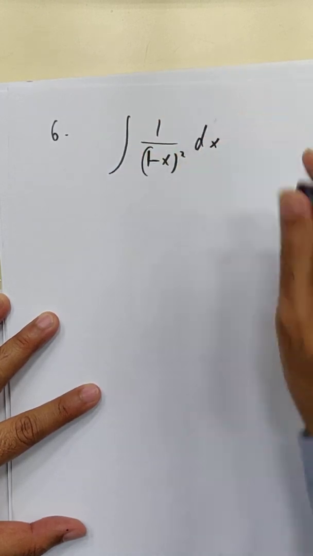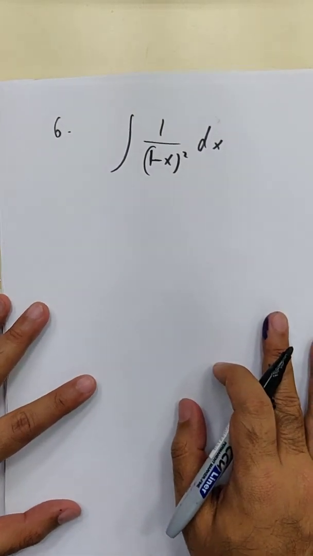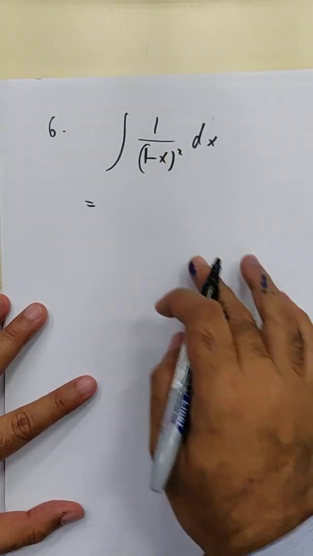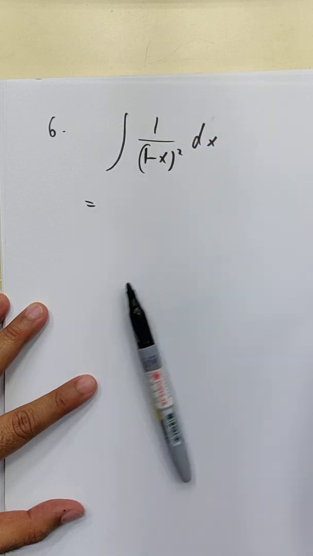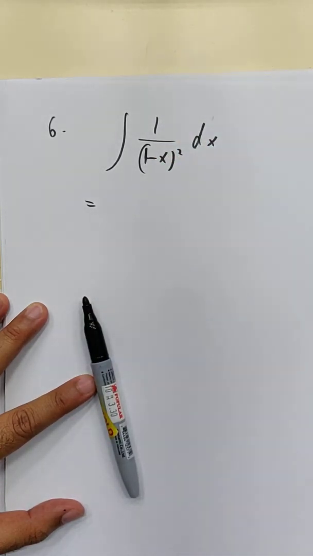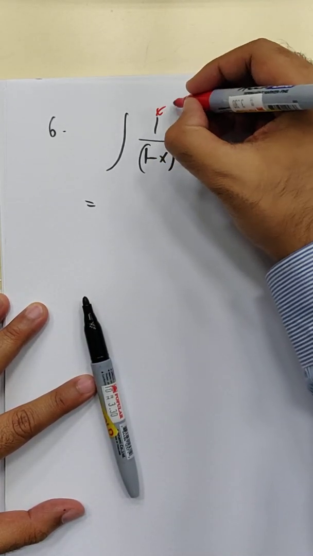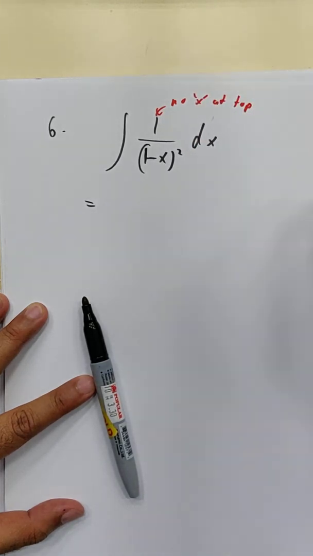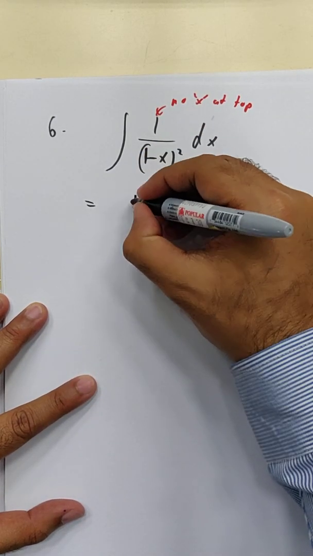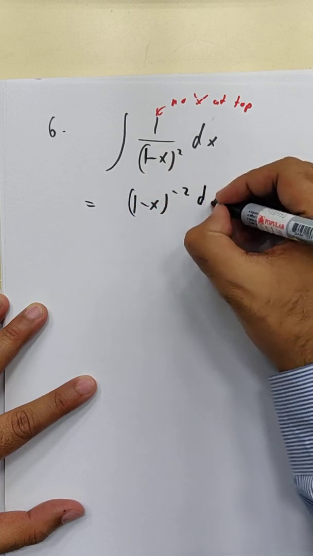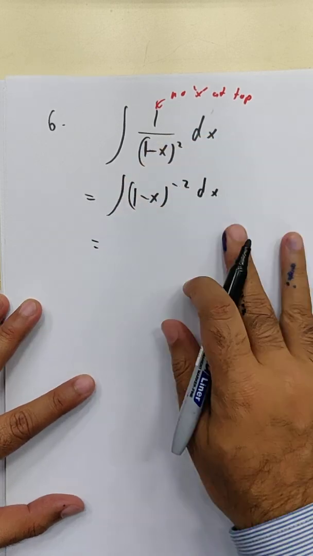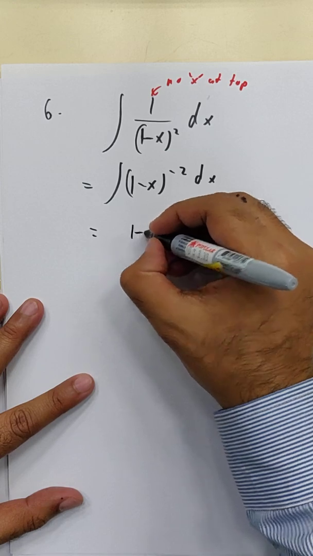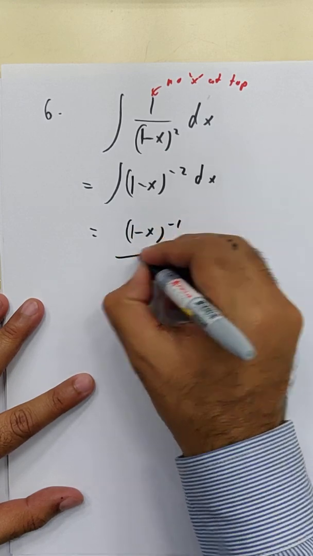What about this one? Since there's no x at top, so we got ourselves, bring it up, 1 minus x to the power of minus 1.